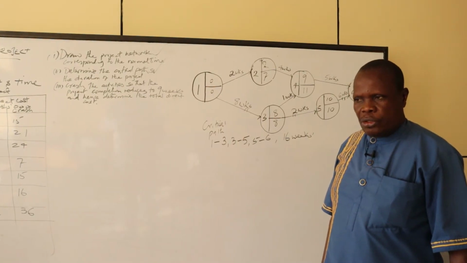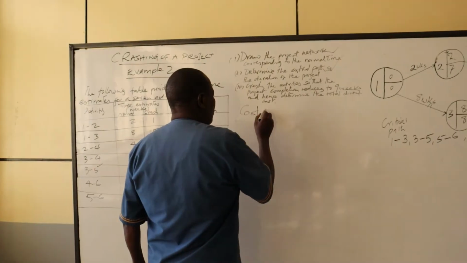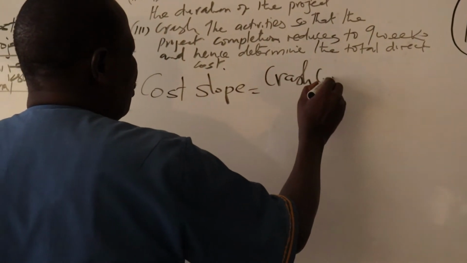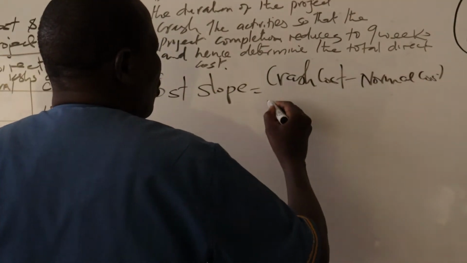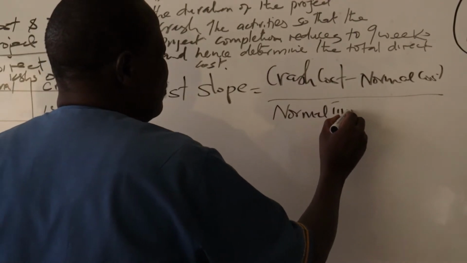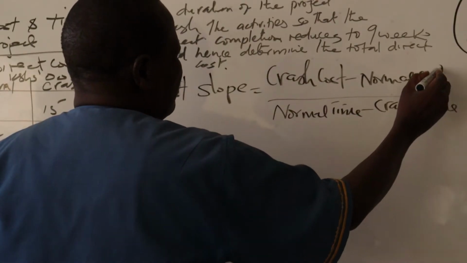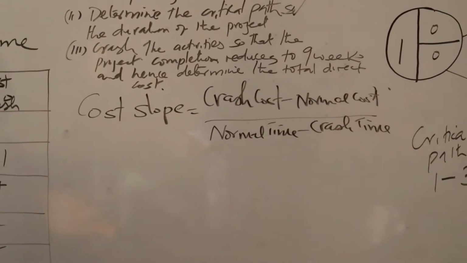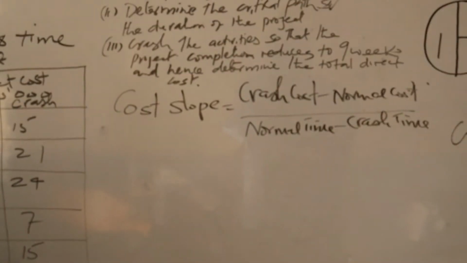We use the formula: cost slope is equal to crash cost minus normal cost, all over normal time minus crash time. We must calculate the cost slope for all the activities in this project.